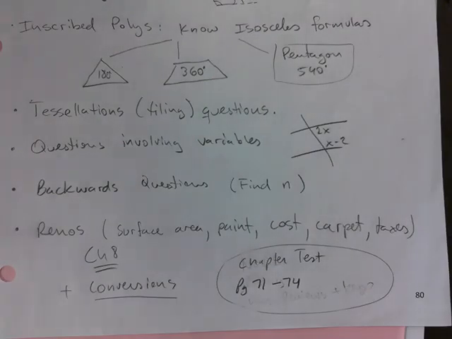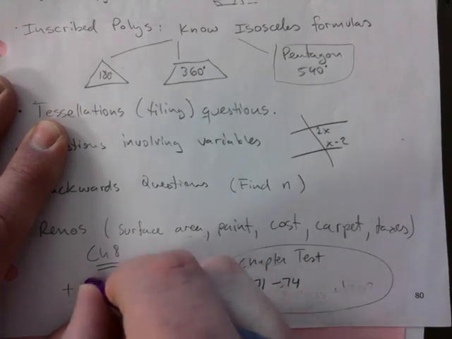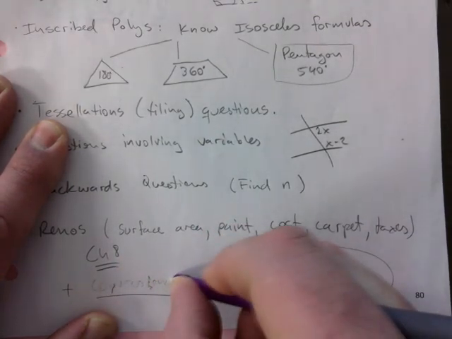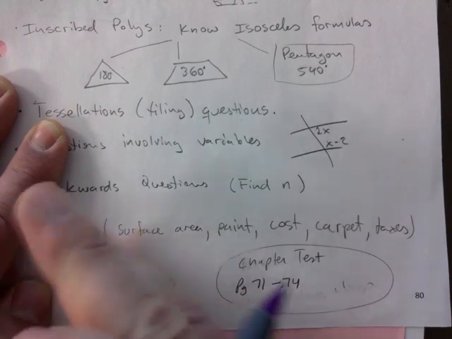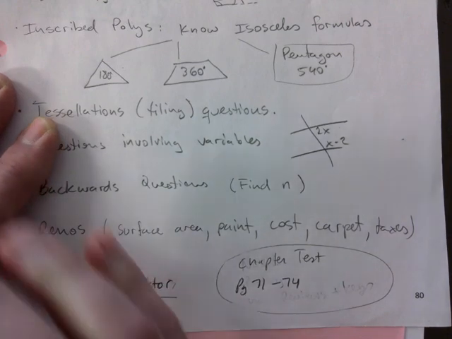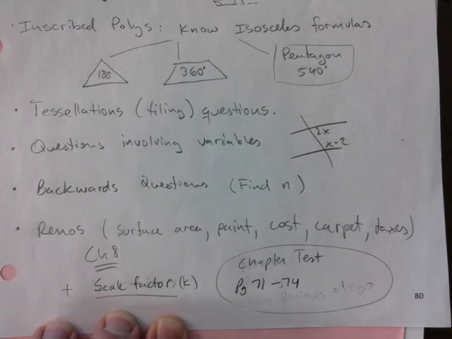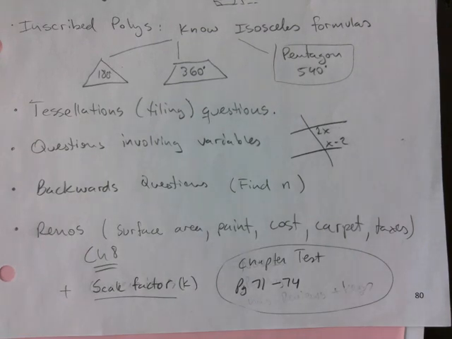We're gonna do conversions. I'll get rid of conversions, and I'll go to scale factors. Scale factor K, right? And there's the chapter test that I made reference to.